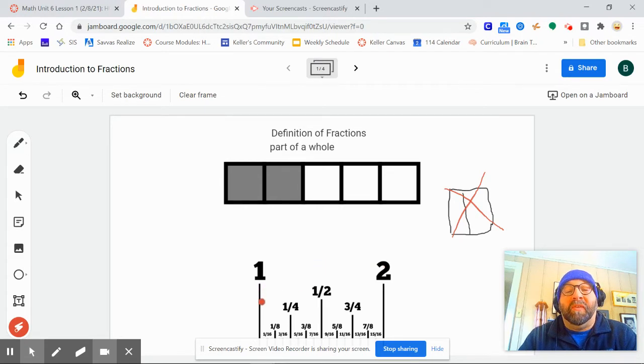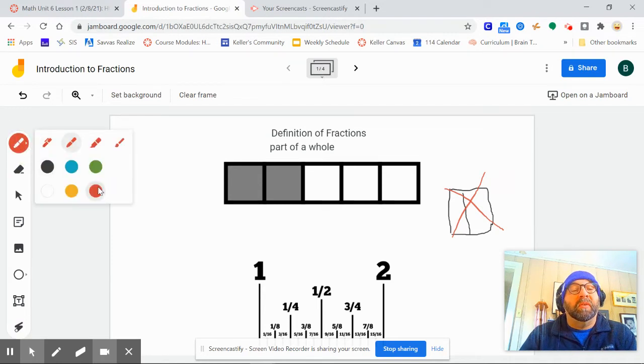The same way we divide this section into 4 sections, each of these sections is the same size. So you're going to see fractions in two different ways: parts of a whole, where it is just one whole piece, or fractions on a number line.